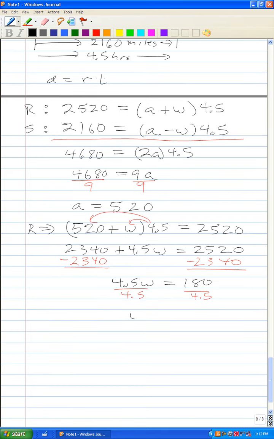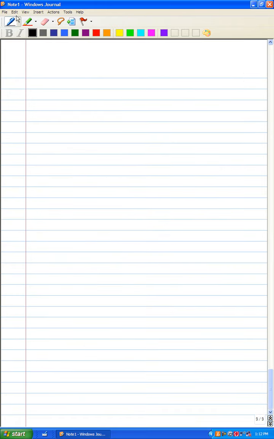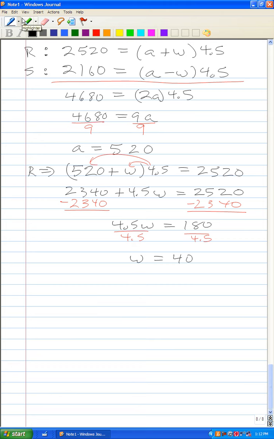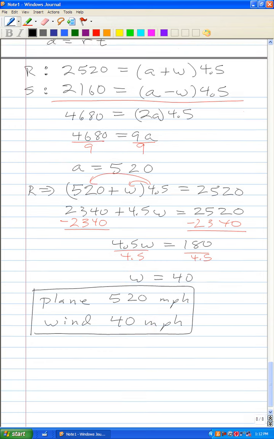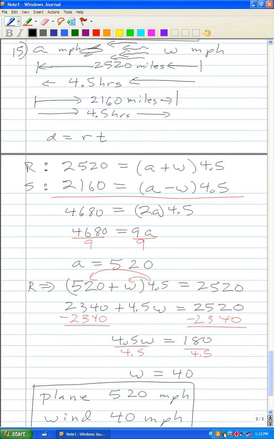And so w equals 40. And so the plane goes at 520 miles per hour. This, of course, is in still air, and the wind is going at 40 miles per hour. And that is your answer. And so let me stop this then.